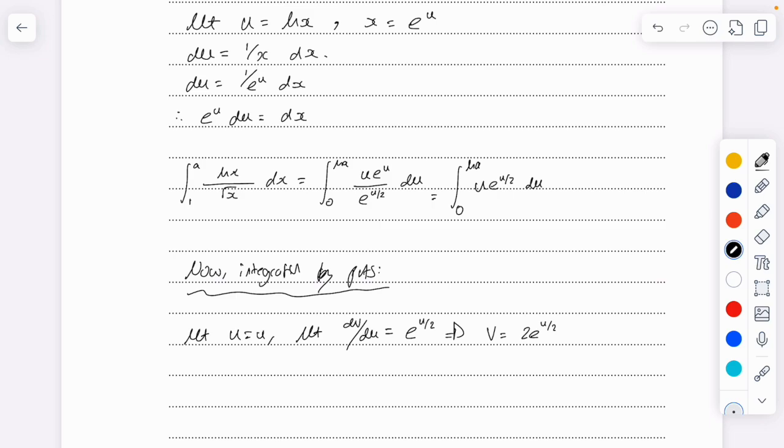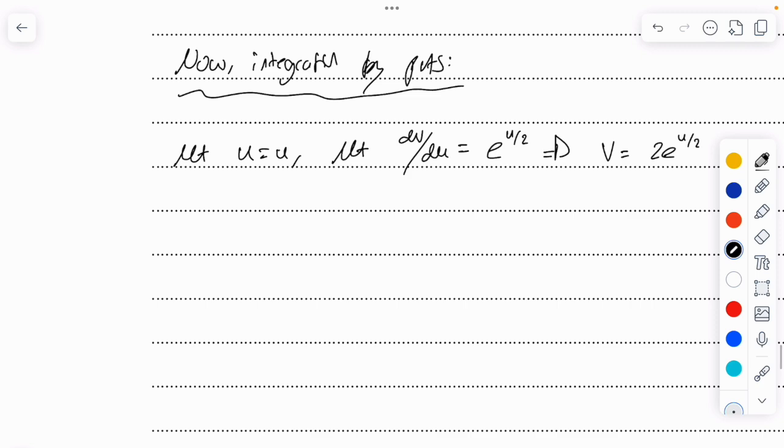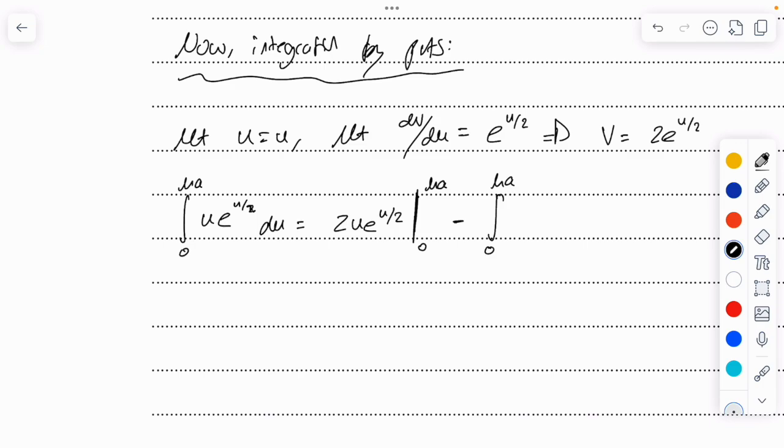Okay, so now we've just made this whole process 1,000 times easier for ourselves, because now I can say that the integral from 0 to ln a of u e to the u over 2 du is equal to uv, so 2u e to the u over 2, integrating between ln a and 0, minus the integral from 0 to ln a of 2e to the u over 2 du.